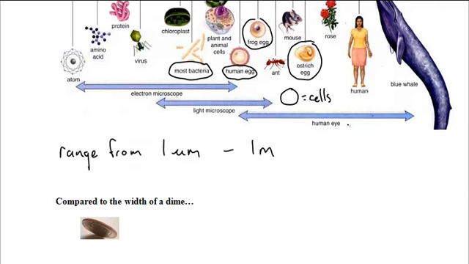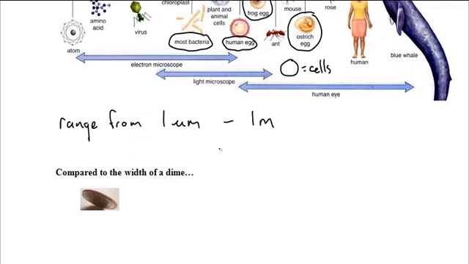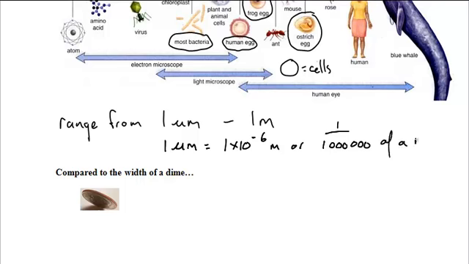Now, not all of us are comfortable with the concept of micrometers to meters. So 1 micrometer is 1 times 10 to the negative 6 meters, or 1 millionth of a meter. So very, very tiny.